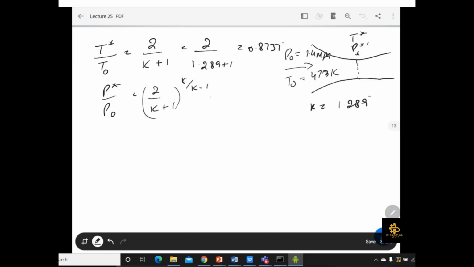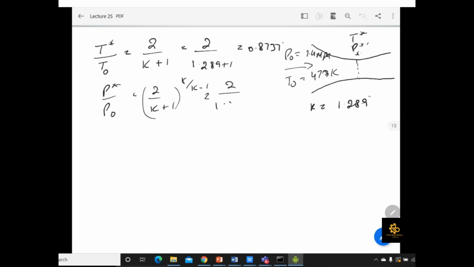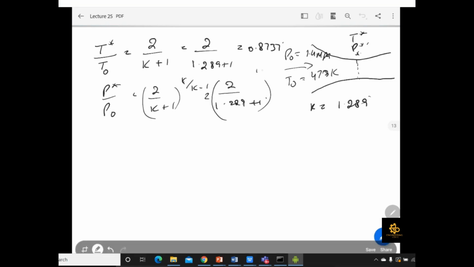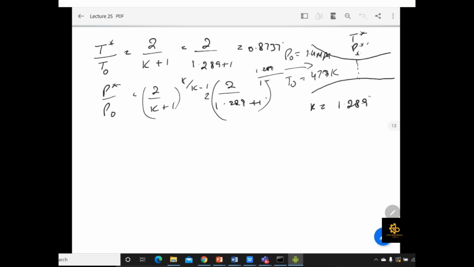From here you can plug in all the values: 2 divided by 1.289 plus 1, raised to 1.289 divided by 1.289 minus 1. You just have to solve it yourself, and it will be equal to 0.5477.